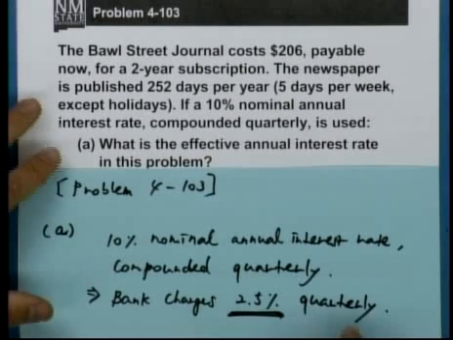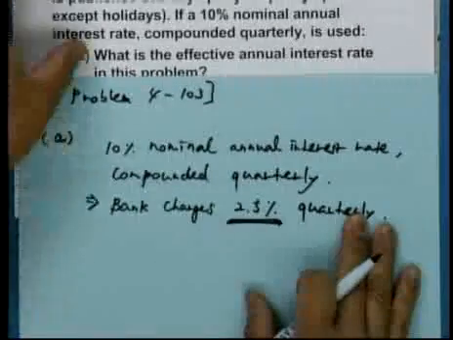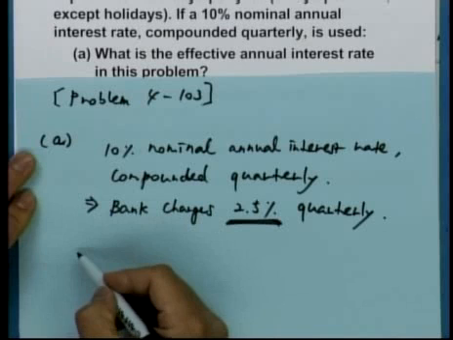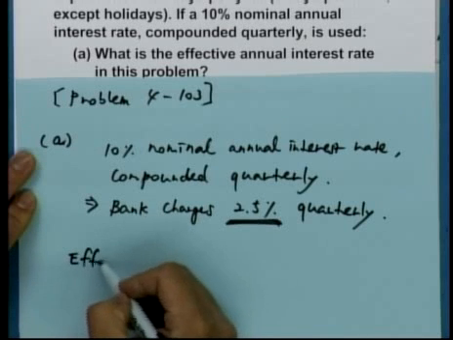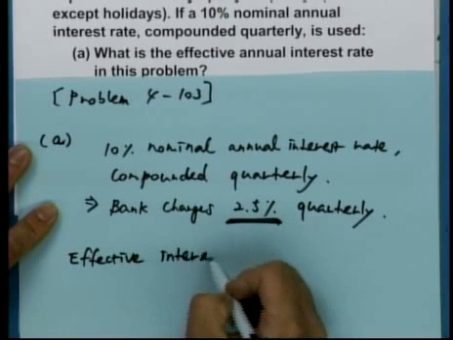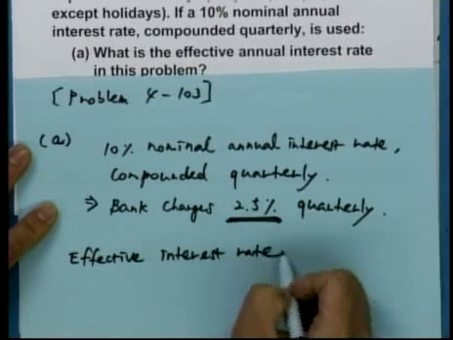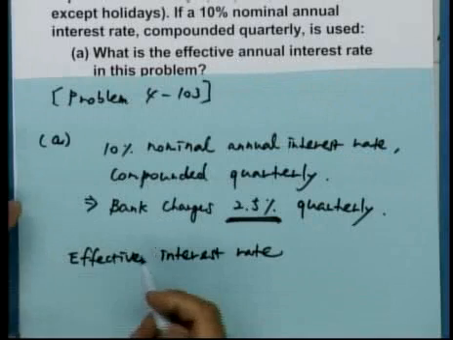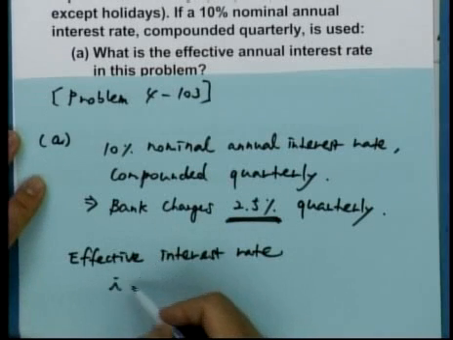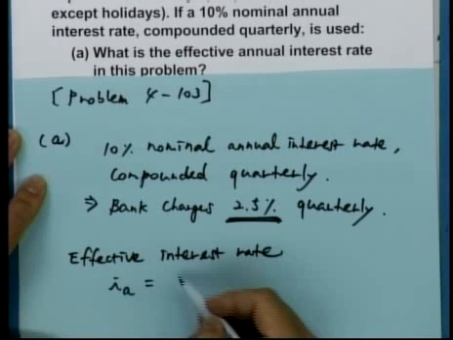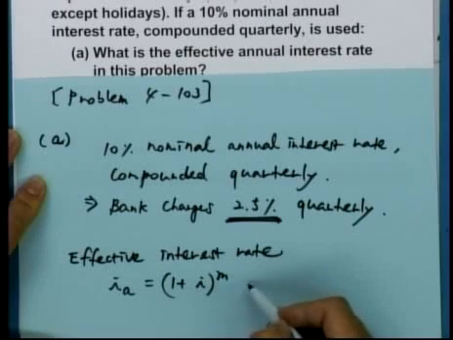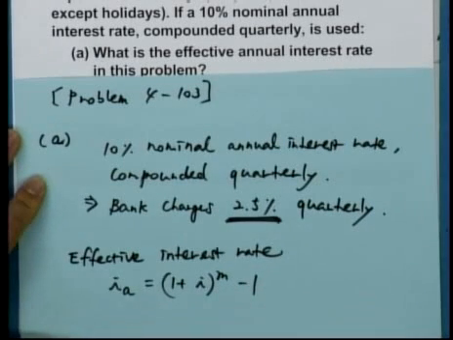Okay, down here. So the effective interest rate will be calculated by I sub A equals 1 plus I to the power m minus 1, right?